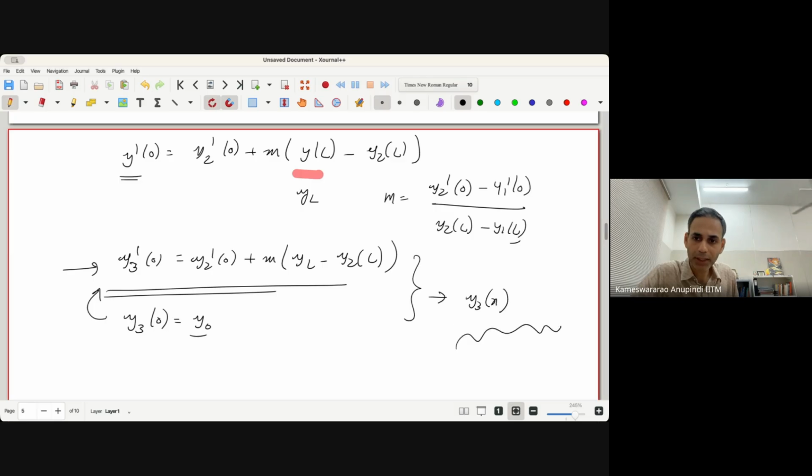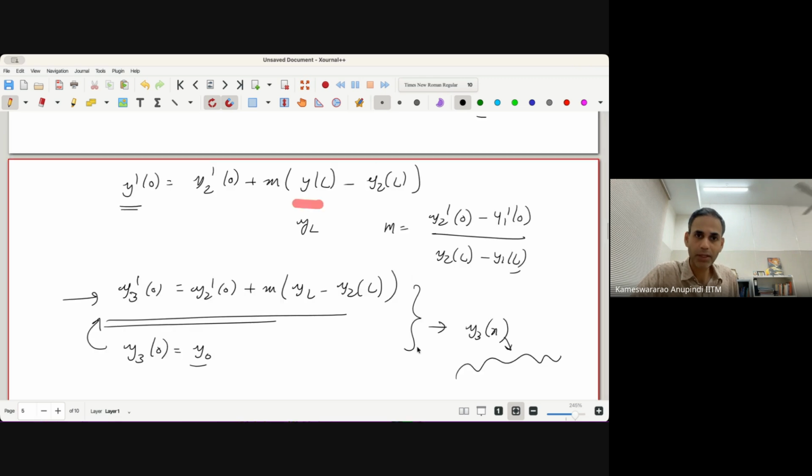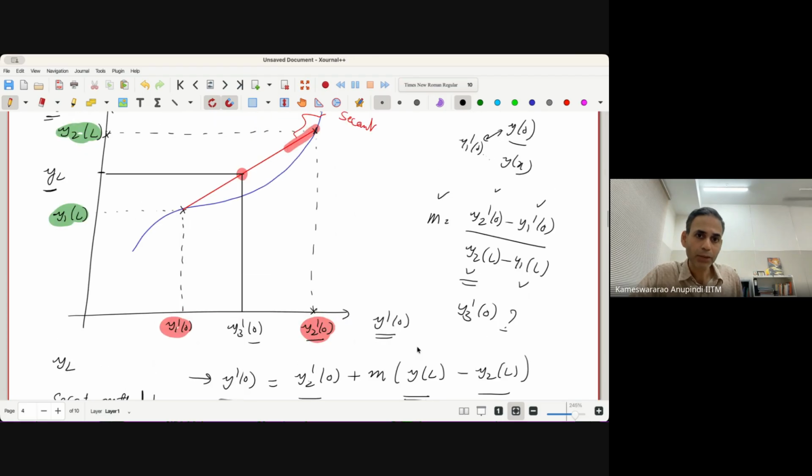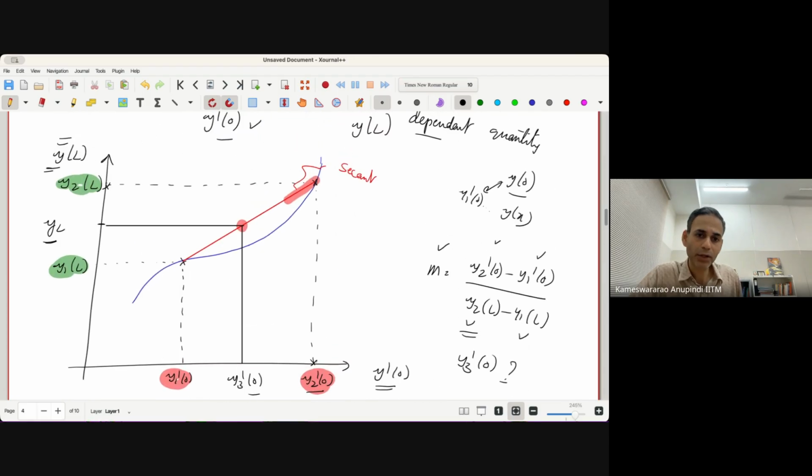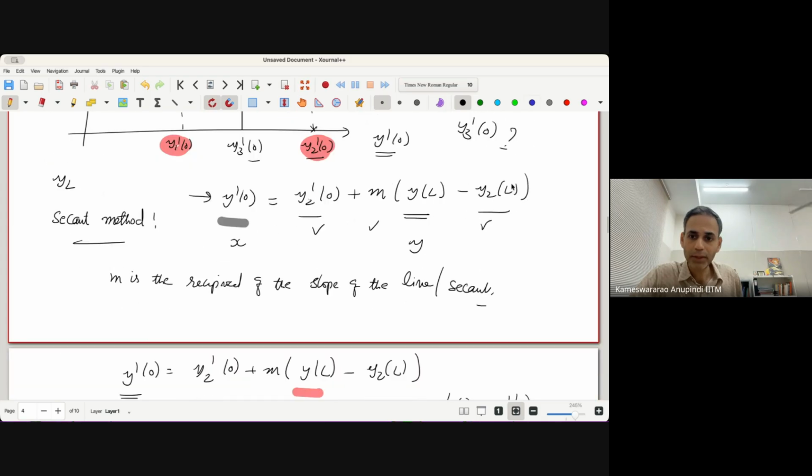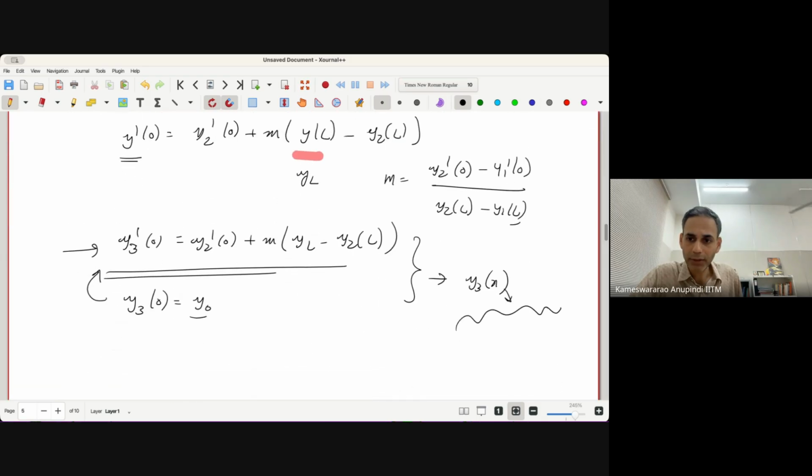Essentially, that is something like this. That is y3 of x using the function. So from the y3 of x, I can calculate y3 of L. That is going to be y3 at x equal to L.